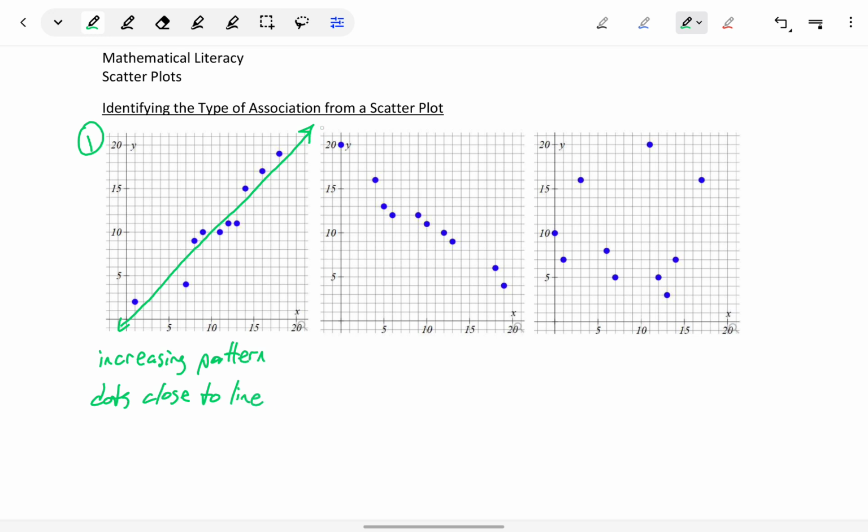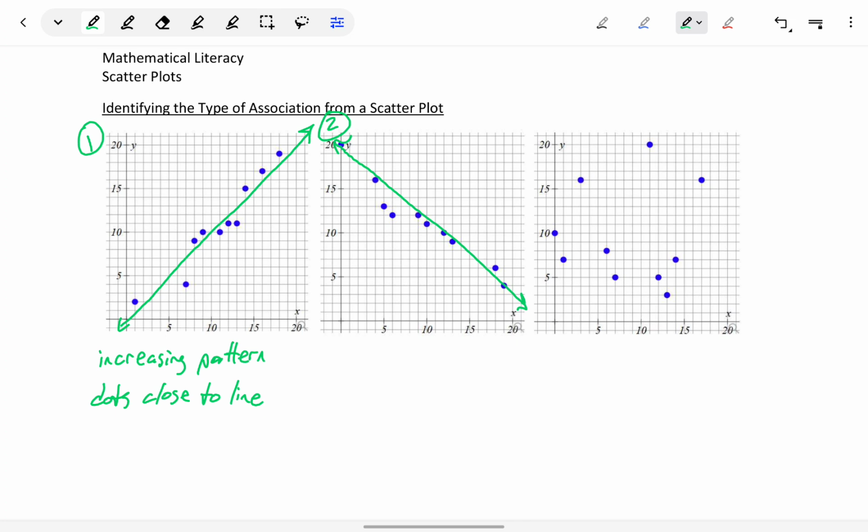Then if we move on to graph 2, we again have a pattern, but sort of the reverse pattern. Instead of the points increasing as we read the graph from left to right, they're following a decreasing pattern. As we keep reading from left to right, we can sketch in this line that approximately hits all those without necessarily hitting any of them, just to give us the idea.